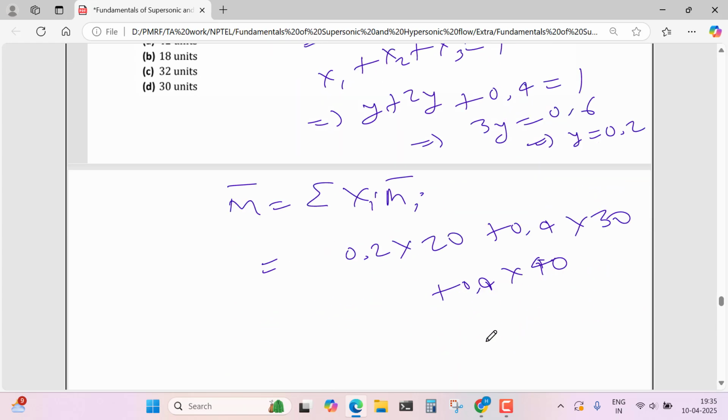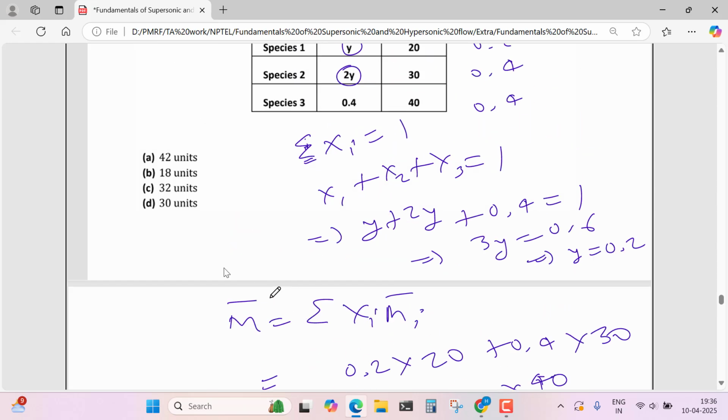If we simplify it, we will get 33, and option C will be the answer.